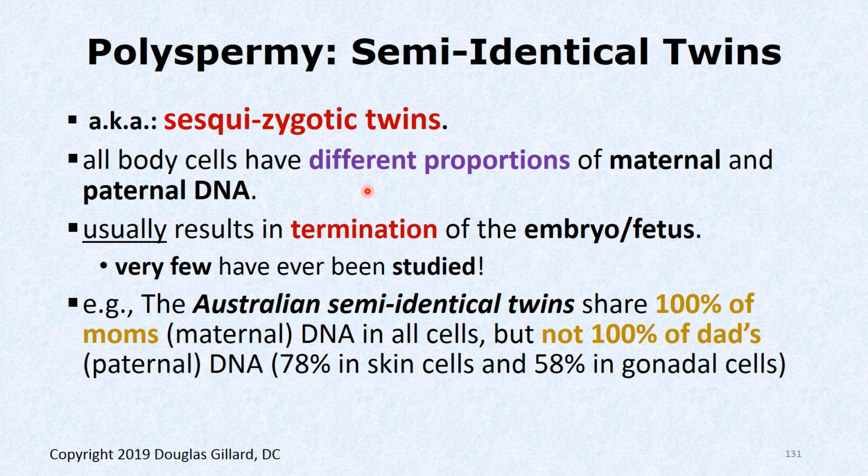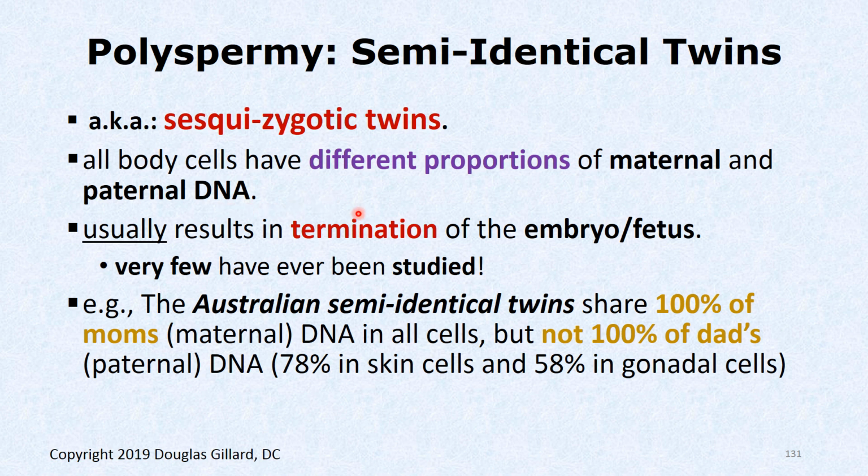Same with the fraternal twins. You're always the same mix because you started from one cell. But not these sesquizygotic twins. They have different amounts of genetic material in different parts of the body. So it's very strange. All the body cells have different proportions of maternal and paternal DNA.